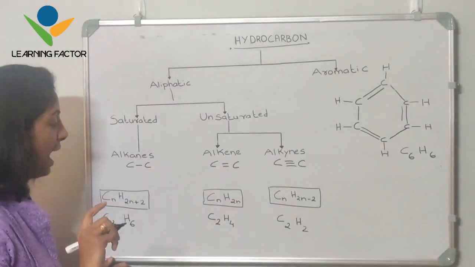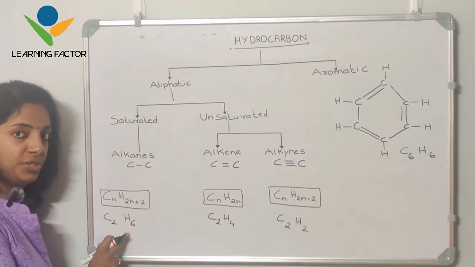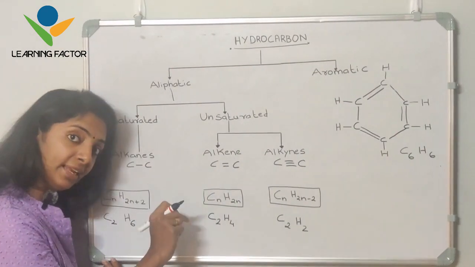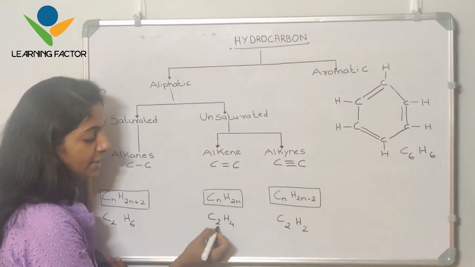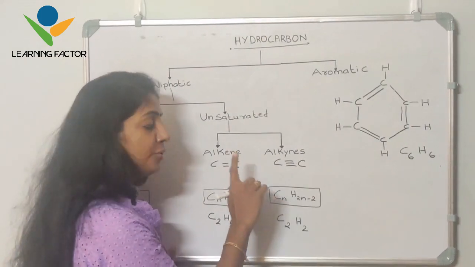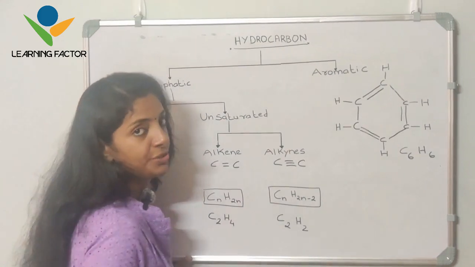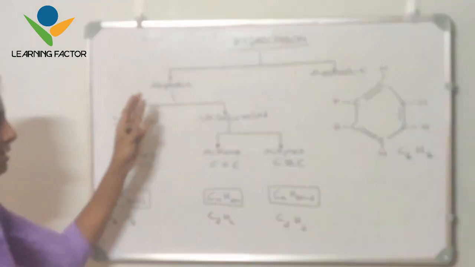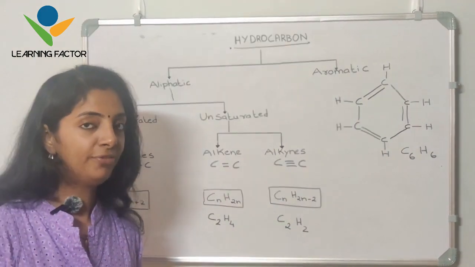So the alkane having 2 carbons has the formula C2H6, the alkene having 2 carbons is C2H4, and the alkyne having 2 carbons has the formula C2H2. So this is the introduction to hydrocarbons. Next we will see the nomenclature of hydrocarbons.